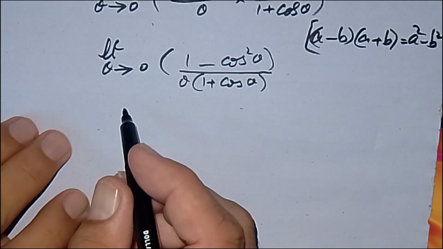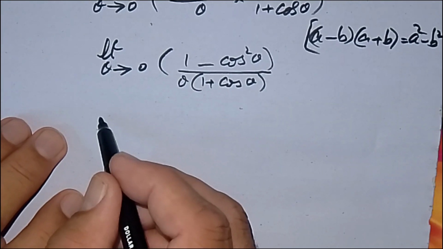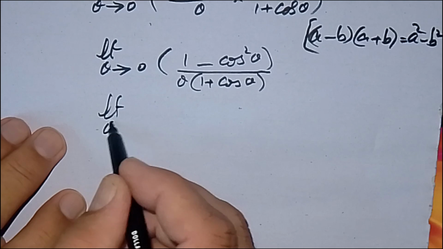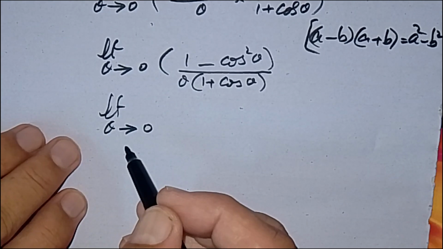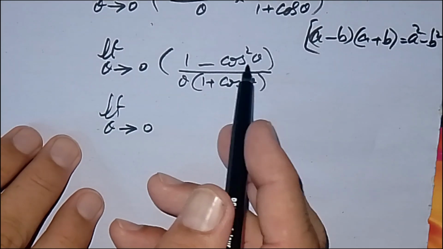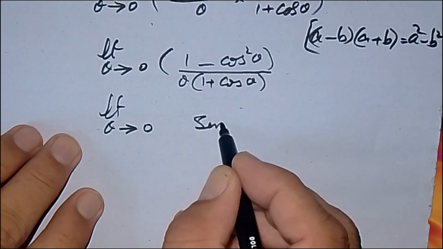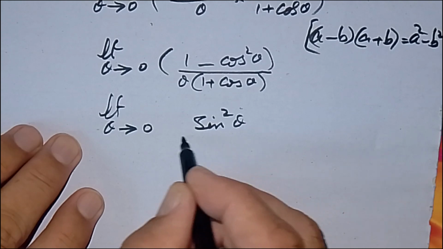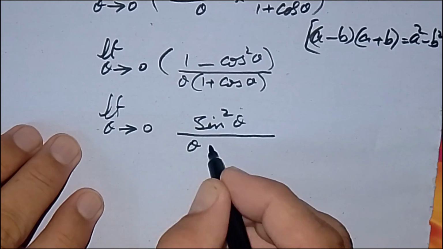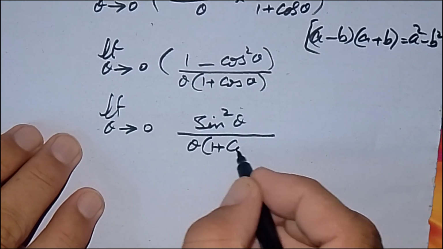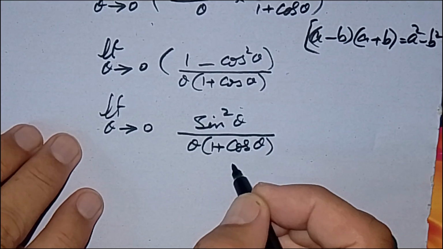Now we simplify it. Limit as theta tends to 0. Here 1 minus cos square theta is equal to sine square theta, over theta into (1 plus cos theta).